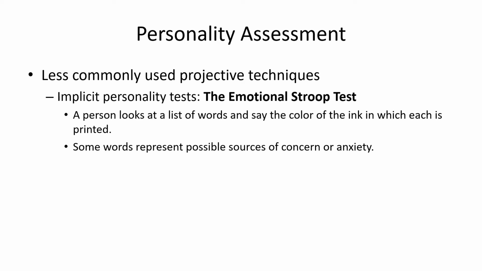Basically, you look at a list of words, and in the Stroop task, you're supposed to say the color of the ink in which each is printed. Right, so it'll be a word, and some of them will be written in red or blue. You're supposed to say what color it is versus the word, and some words will have possible concerns of anxiety. Right, and then you will be slower to answer them. All right. So we're going to look at some examples of what these things look like.